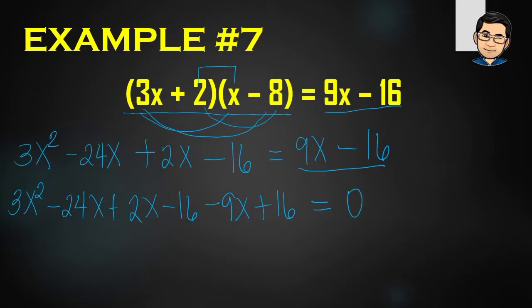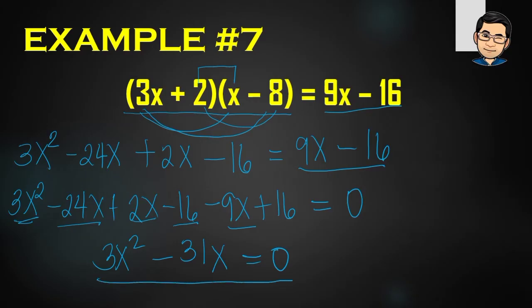Now, combine like terms. 3x squared, so nag-iisa lang siya, that will become 3x squared lang, copy. And then negative 24x, 2x, tsaka negative 9x. Negative 24 plus 2 is negative 22. Negative 22 minus 9x, that is negative 31x. And then negative 16 plus 16 is 0. So the answer is 3x squared minus 31x equals 0.